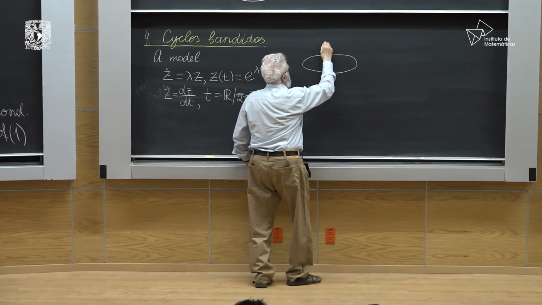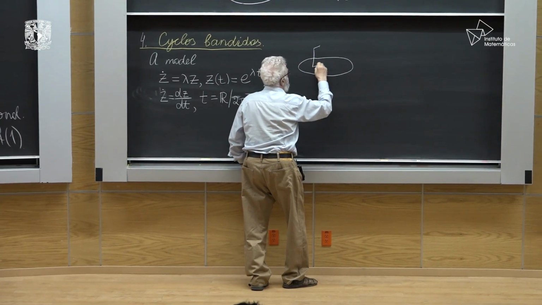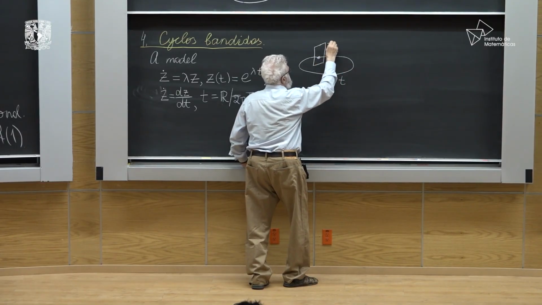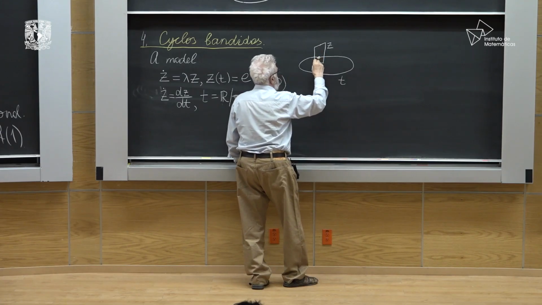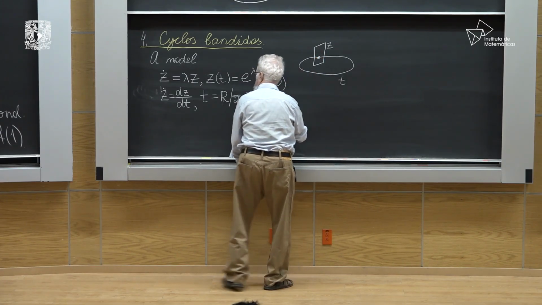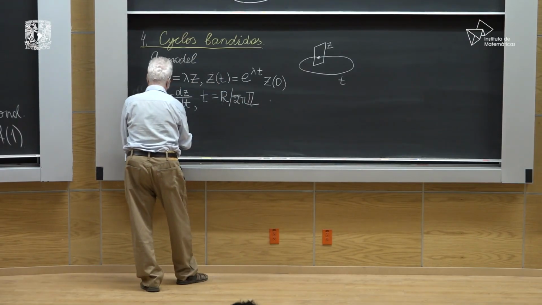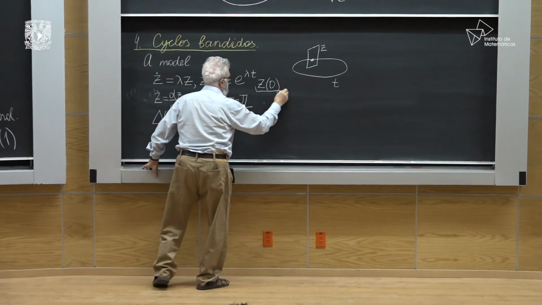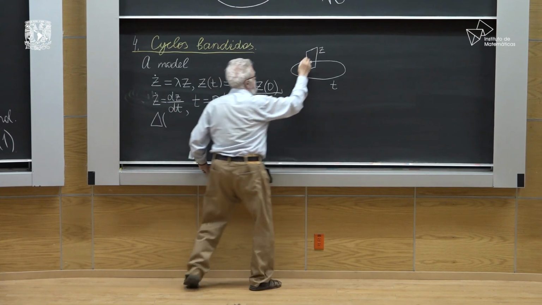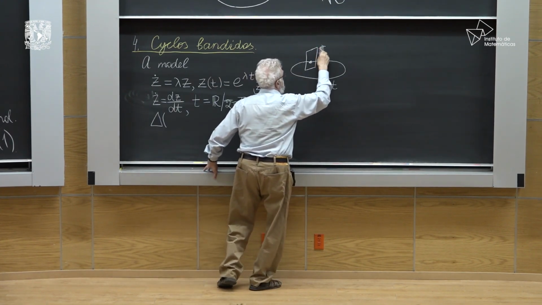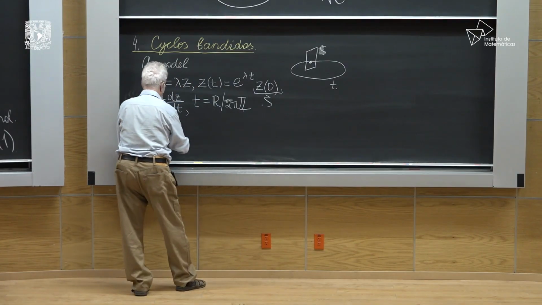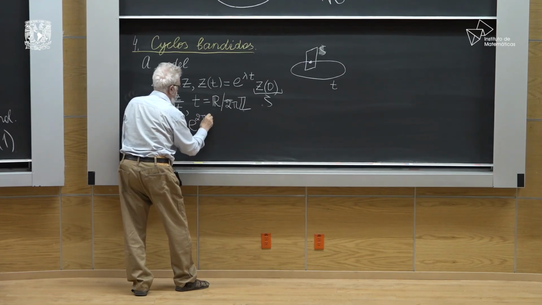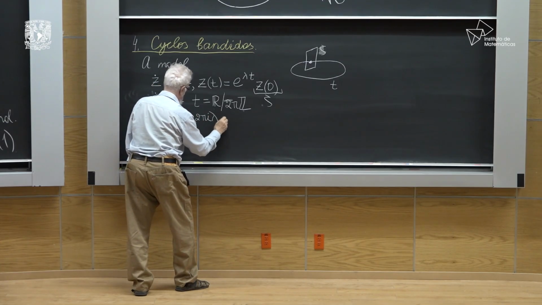and we have a very simple Poincaré map. This is the t circle, this is the z plane, and the point z, the Poincaré map, let us call this value zeta, delta of zeta is exponential 2 pi lambda zeta.